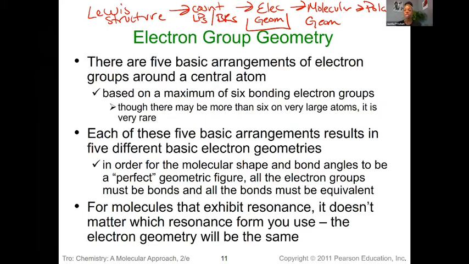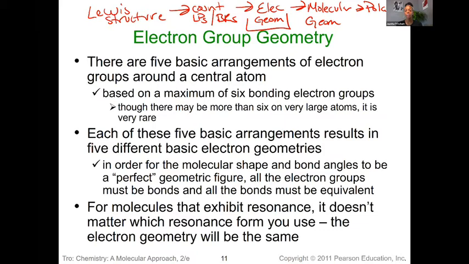That's the 2-dimensional flat structure. We then count the number of lone pairs present, as well as the bonding regions. Remember, a bonding region is a single bond, a double bond, or a triple bond connected to the central atom. Again, we're only looking at the central atom, not all the lone pairs found elsewhere. From there, once you've counted your electron groups, you can determine the electron geometry.